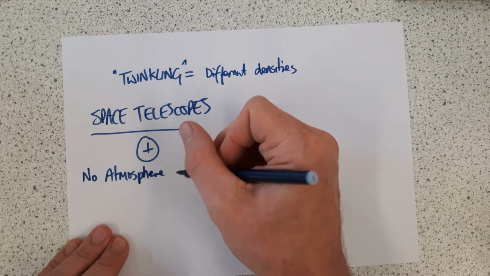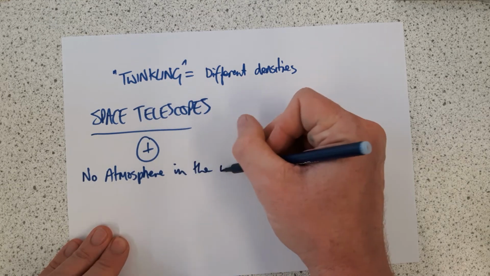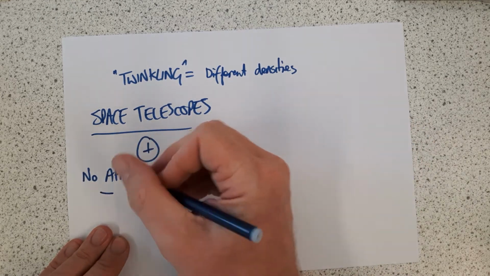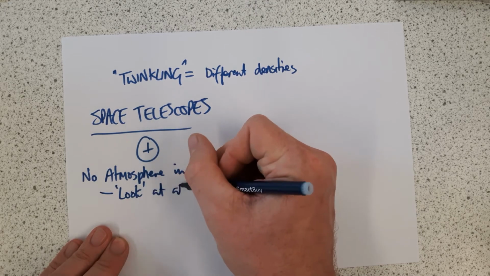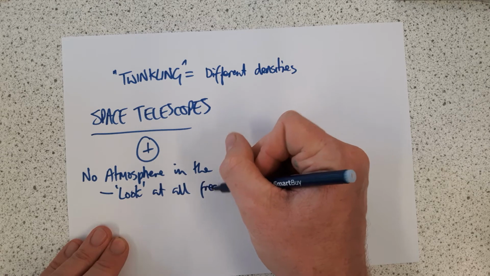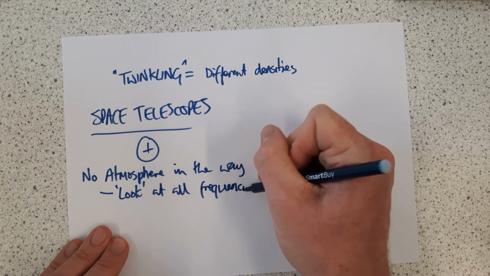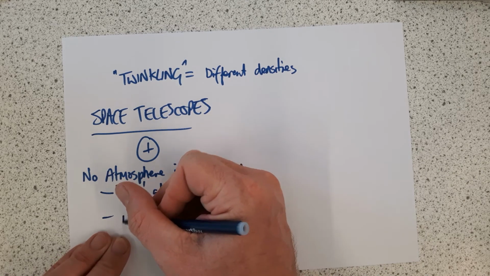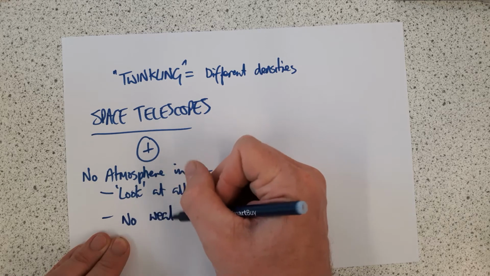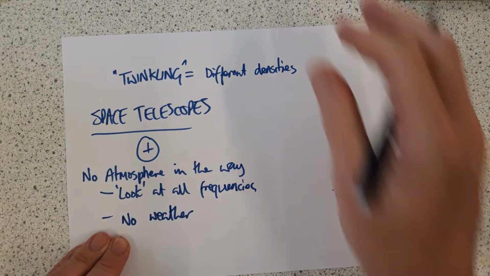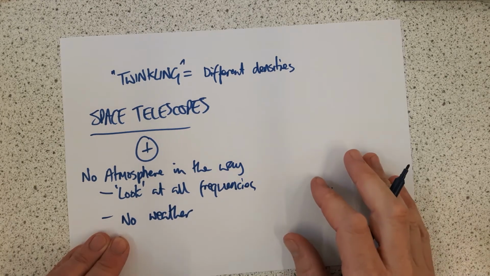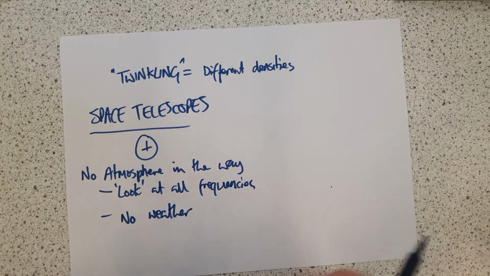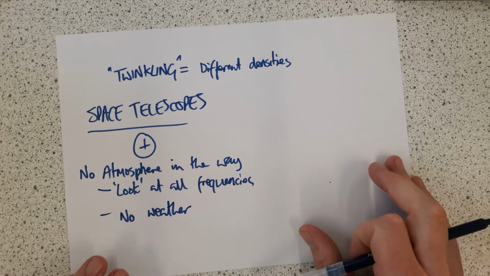Because there's no atmosphere in the way, we can look at all frequencies or all wavelengths of radiation. There's no weather, so there are no clouds in the way. Most telescopes on Earth try to avoid this by being placed on top of very high mountains, so there's the least amount of atmosphere in the way as possible.